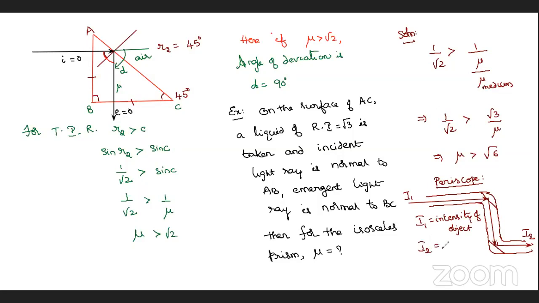Less means brightness is less, right sir? Yes, that is intensity. By that, you won't get a clear image. The image you are seeing is not clear. I2 is less than I1. Okay? Yes.